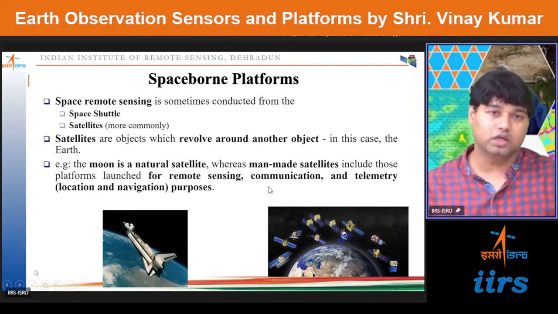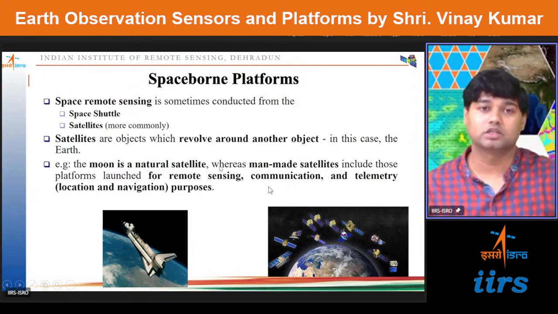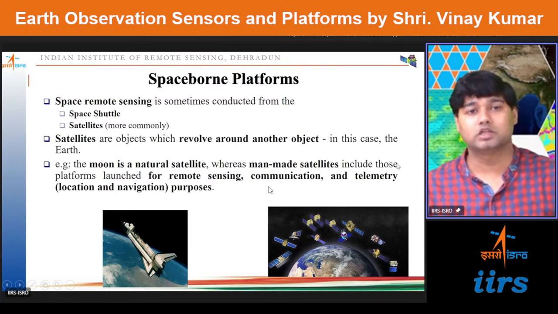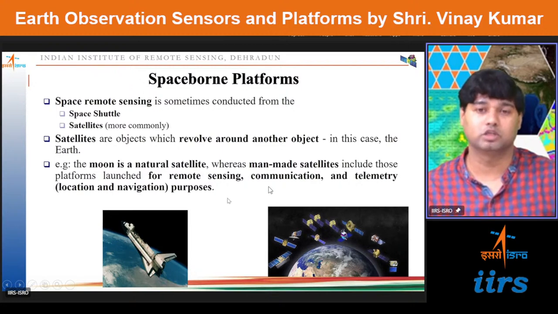So the moon is considered a natural satellite of the Earth, whereas man-made satellites include those platforms launched for remote sensing, communication, and telemetry. This is how the space shuttle looks, and these are different satellites which are observing the Earth.